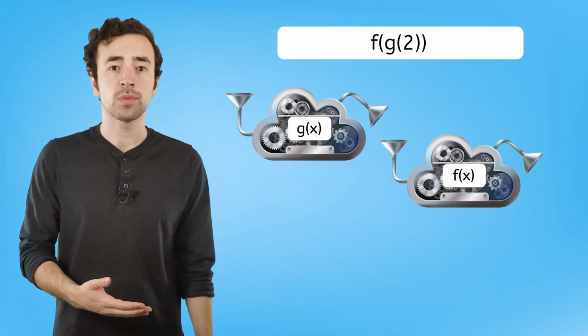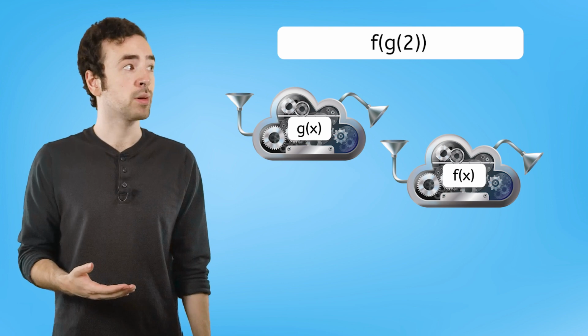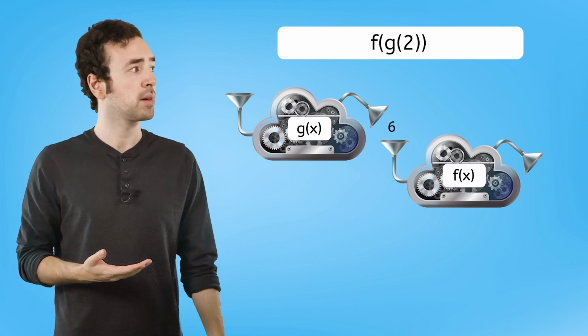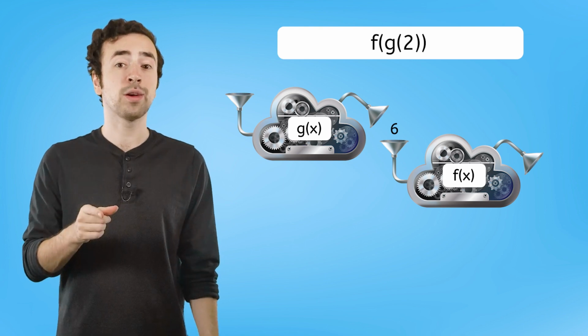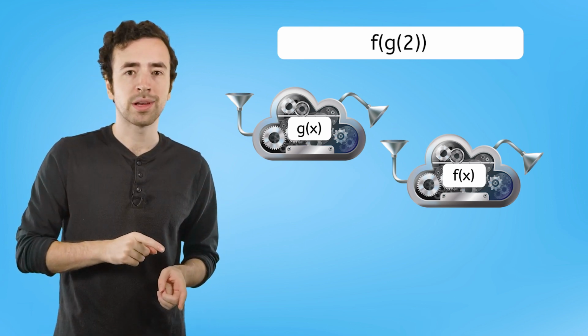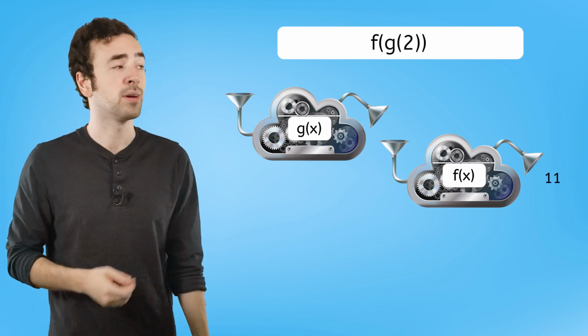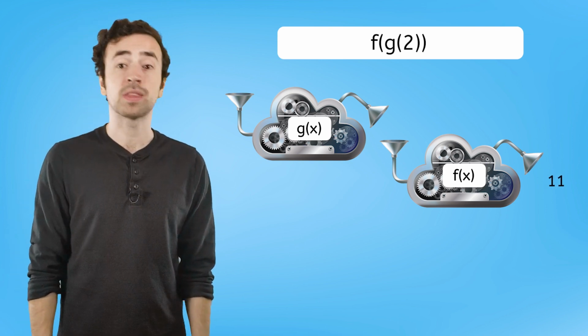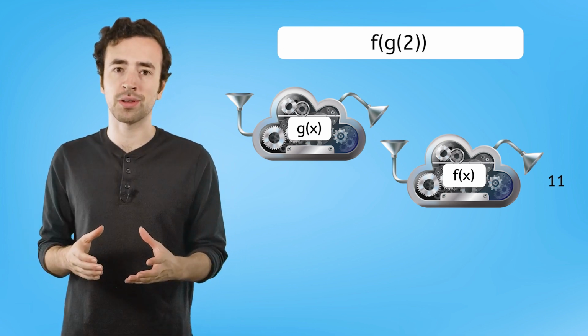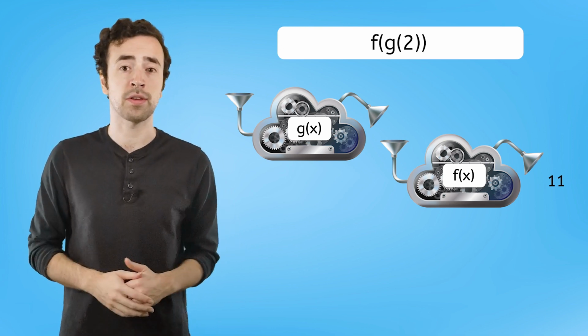So from our previous problem of f of g of 2, first, using the function g, we input 2 to get an output of 6, which then was input into function f to get a final output of 11. This is a multi-step process where the output of one function becomes the input of another.